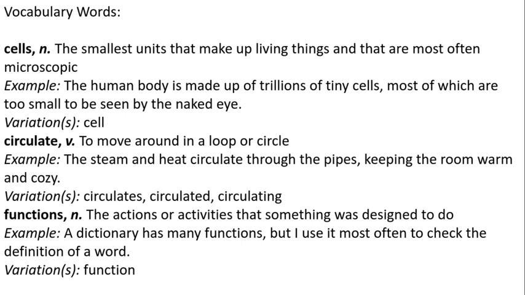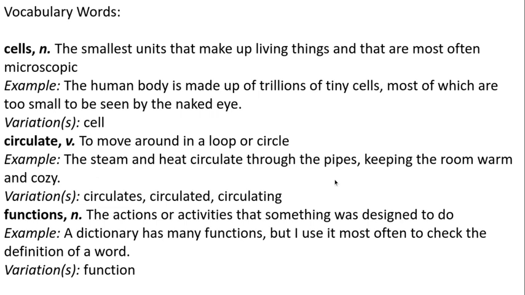Here are some vocabulary words that you will see throughout the read aloud. We have cells. They're the smallest units that make up living things and that are most often microscopic. So you have to use a microscope to look at them. We have the word circulate. Circulate is a verb. It's something that happens.